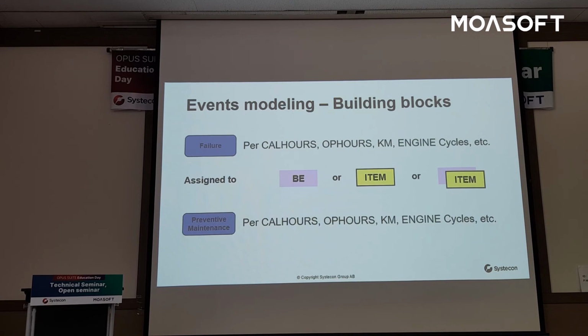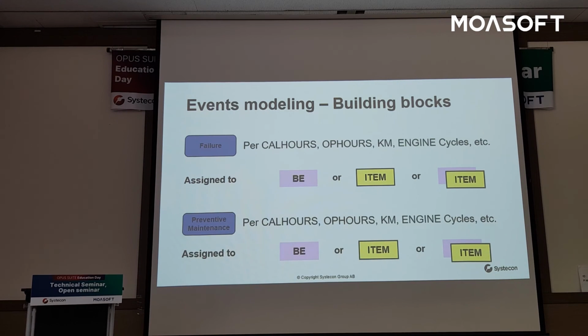It can also be defined by other kinds of measures like kilometers, engine cycles, etc. But the important part is that this is not a randomly distributed event. It is a planned event that we know when it happens in time. So quite different in its shape.